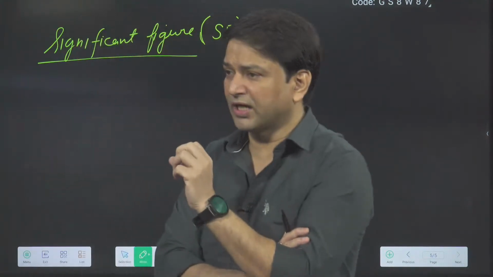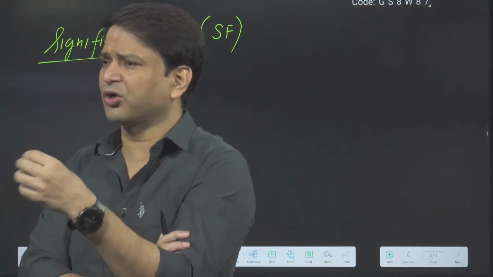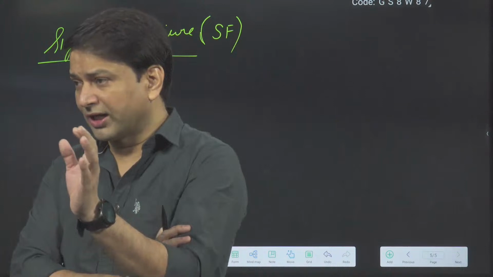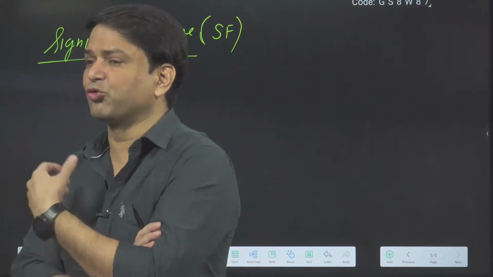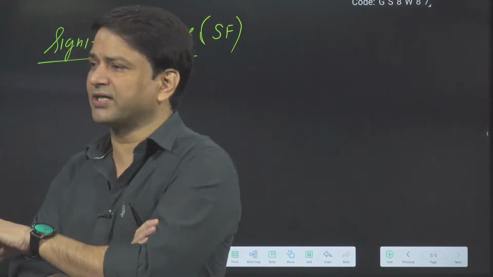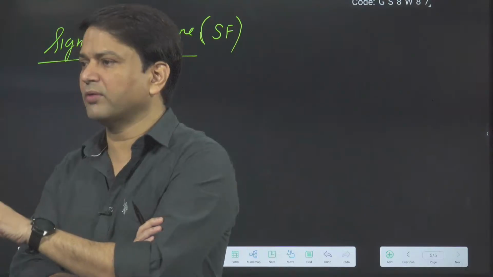So what is the meaning of significant figure? It is, in any measurement when we are measuring any quantity, the total number of certain digits plus one uncertain digit. That will be equal to the number of significant figures.